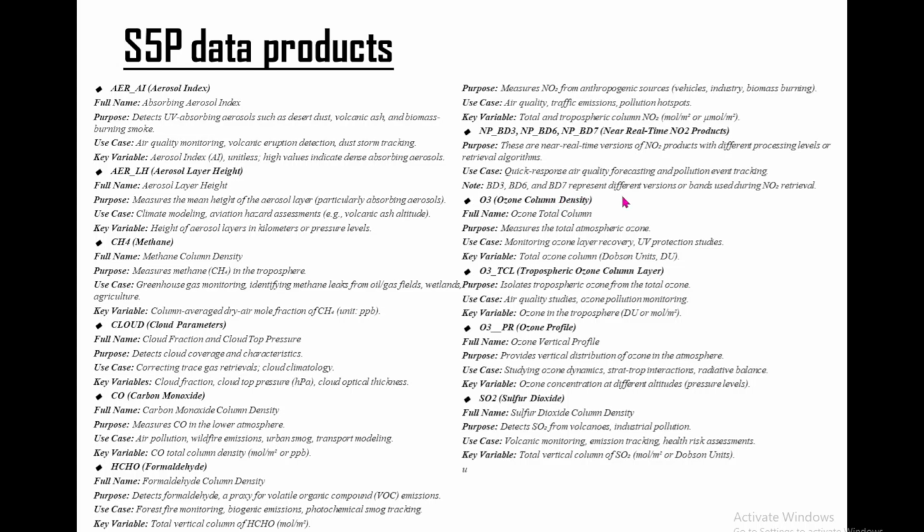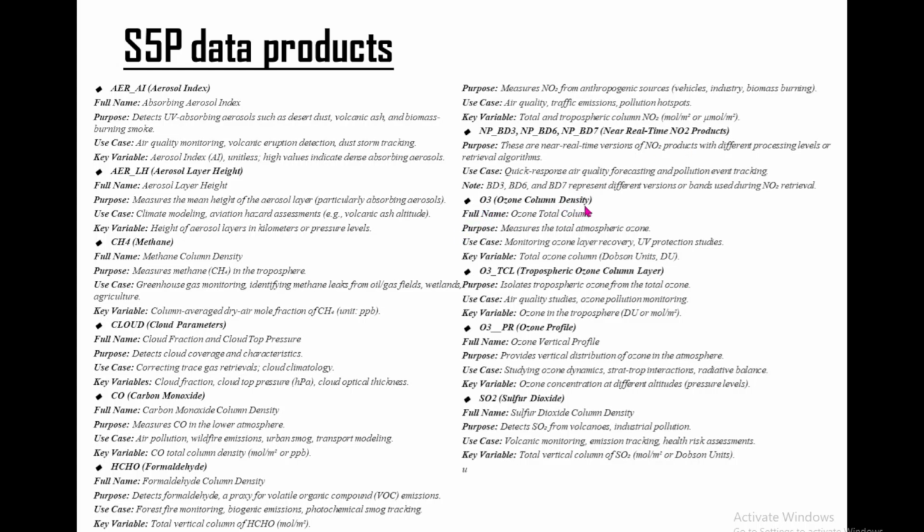BD3, BD6, BD7 represent different versions or bands used during NO2 retrieval. That means different processing levels are used within which different bands are used to extract all these three, as well as a different retrieval algorithm. That means for detecting NO2, there are one, two, three different processes that are being used.